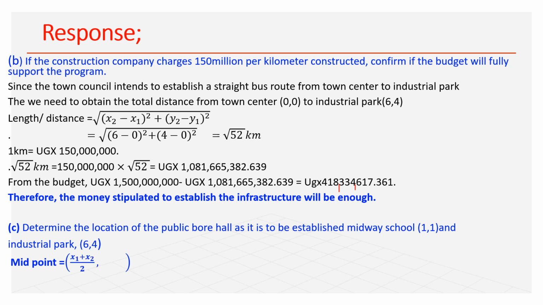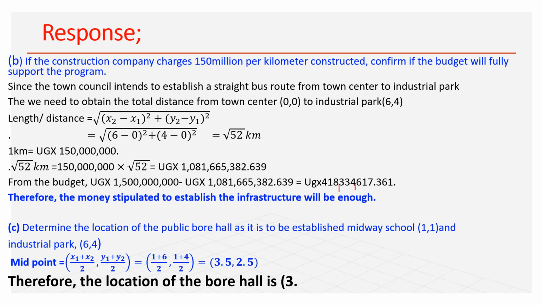Midpoint, we agreed, that's how we obtain it. Substituting the variables, we actually get 3.5, 2.5. If you are using a graph paper, you must get the same response. So therefore, the location of the borehole is 3.5, 2.5. Basically, that is what I had to share with you today.